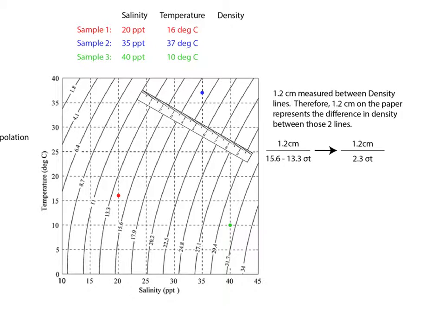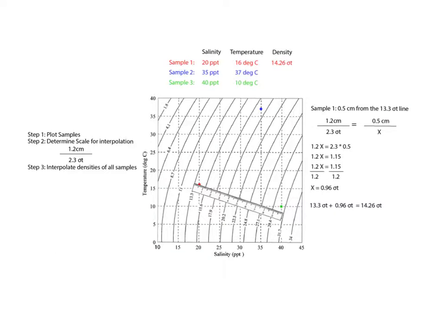So now we can use that to figure out the densities of samples 1, 2, and 3. Step 3 is to actually interpolate the densities of each of the samples. I'll walk you through the details on sample 1, and then we will use the next couple of slides to go through sample 2 and sample 3, but I'll let you follow along on those on your own.